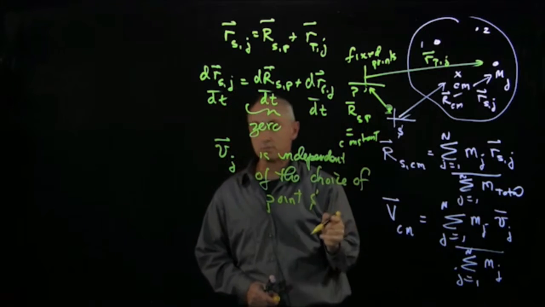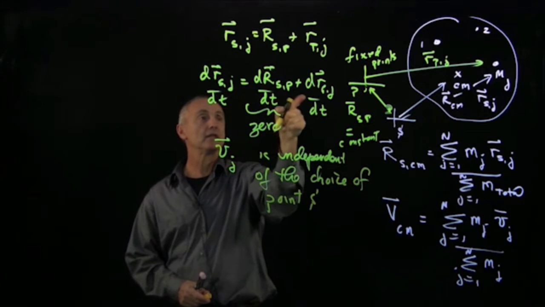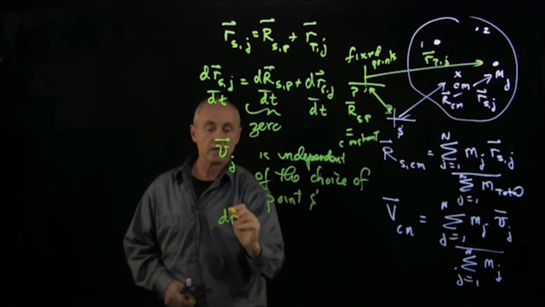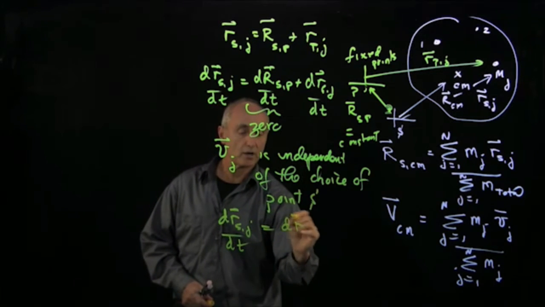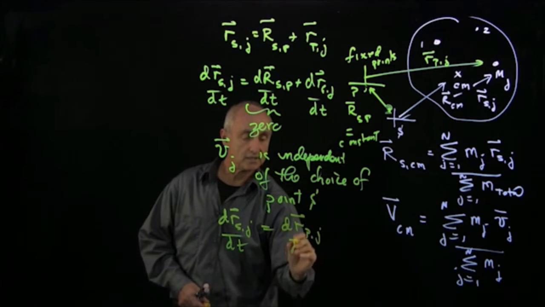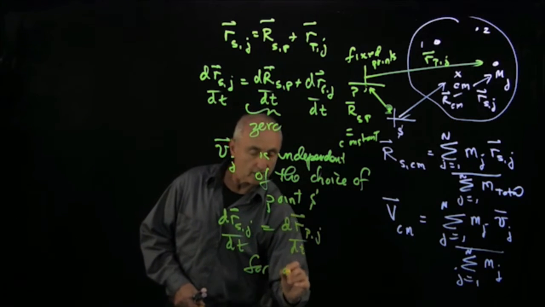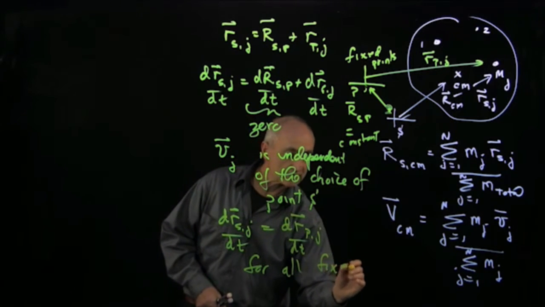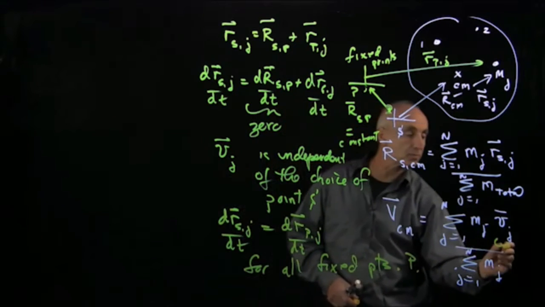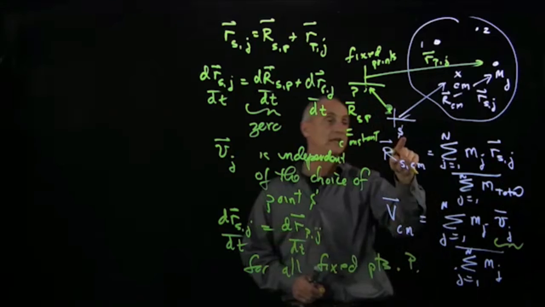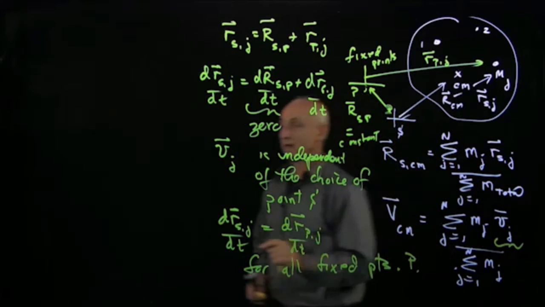You choose any other fixed point, and you get that these velocities, dr_j/dt equals dr_pj/dt, for all fixed points p. And that's why in this expression, when we differentiate the velocity, even though we had an index s, we drop that.